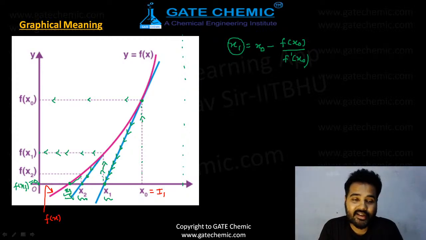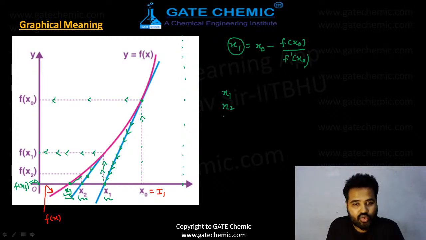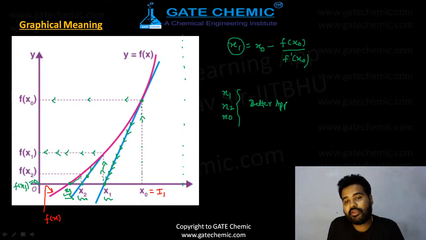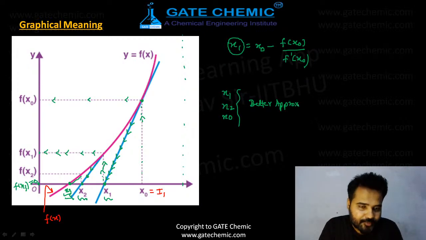Is it crystal clear to all of you beta? One more thing beta, if I ask you in this diagram, among x0, x1 and x2, which one is the better approximation? Better approximation means the x which is closer to the final or exact value.